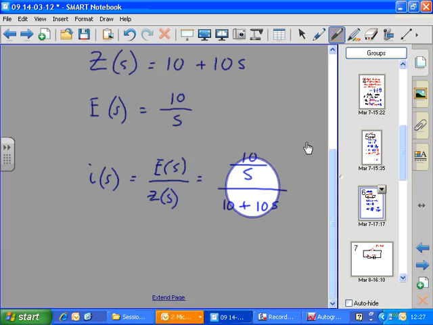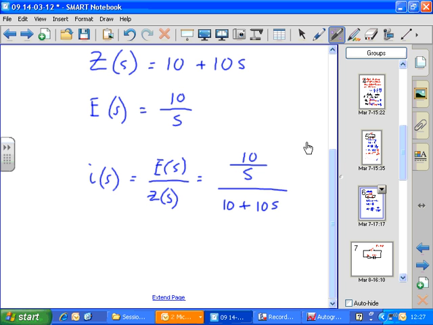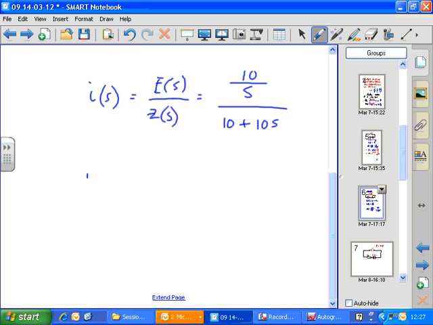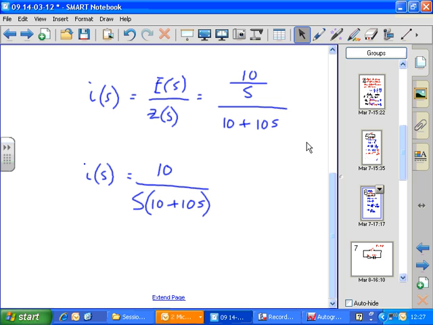So that's the plan. So the first step, I would divide top and bottom, or move the S rather, to the bottom. And so we get IS equals 10 over S times 10 plus 10S. So the S actually just goes underneath.